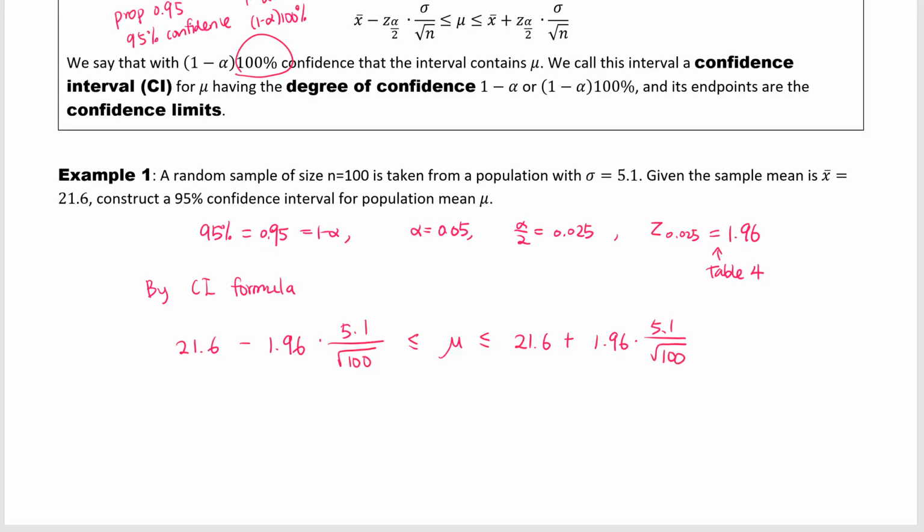Okay, let's plug this in our calculator. Everybody, please work on this problem with me.